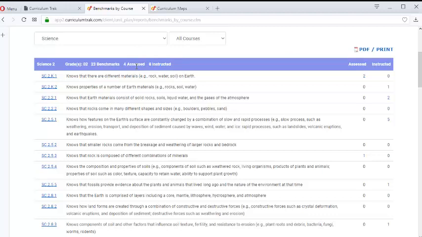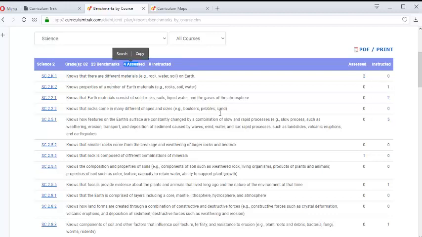What I mean by that is, for instance, this one right here is being assessed 2 different times. If it's being assessed, we assume that it's also being instructed or taught. So being taught or instructed and being assessed means it's being assessed and instructed.